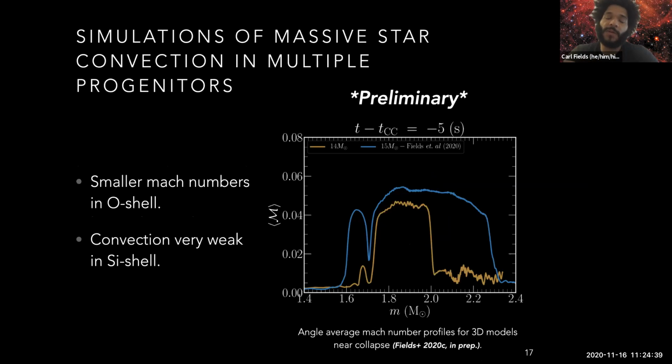The 14 solar mass model has a bit lower Mach number, which would imply a smaller density fluctuation. And in the silicon shell, like I said, it's very weak silicon convection in the 14 solar mass model. So already we're seeing qualitative differences between these models, which is what we expect, but it's also allowing us to survey this landscape.